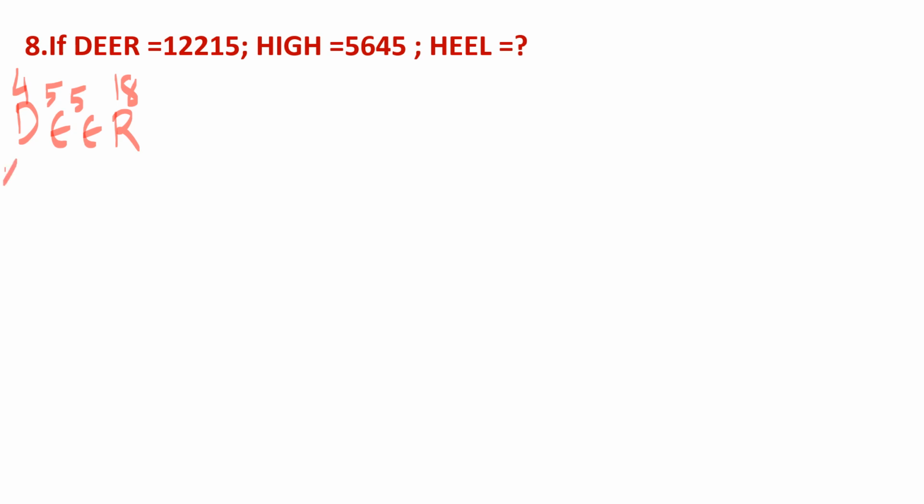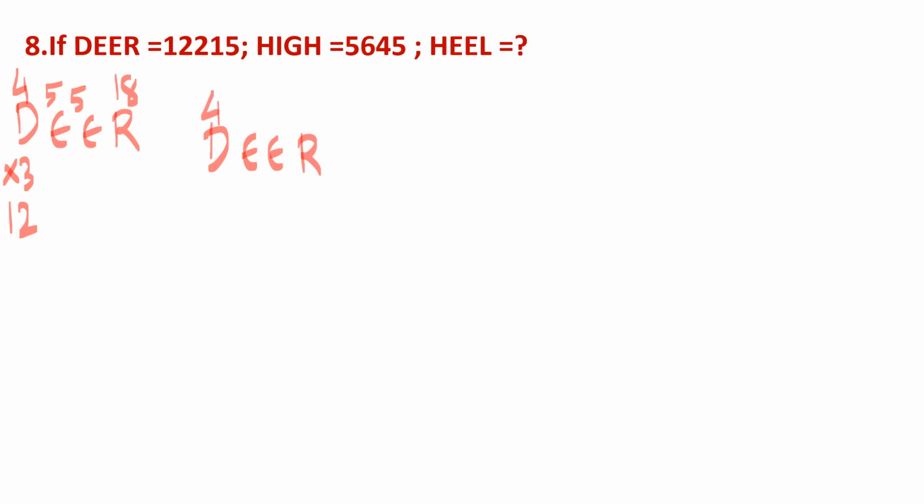Now 4 into 3, that is 12. 4 into 3, 12. 5 into 2, 10. 5 into 3, 15. Oh, it is not matching. So how can we code here? D E E R. These four letters are there.